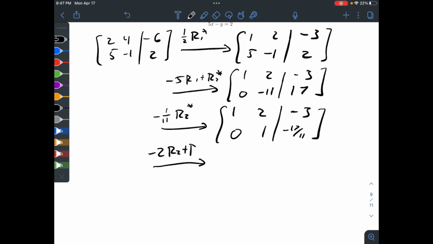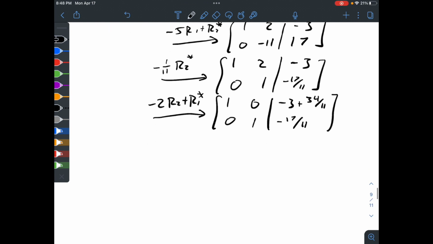So we'll do -2 times row 2, add it to row 1, just to zero out this 2 above the 1. And then this stays -17 over 11, and this will be -3 plus 2 times this thing. So 34 over 11.